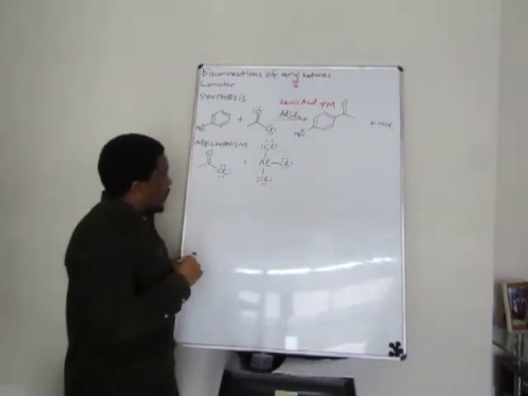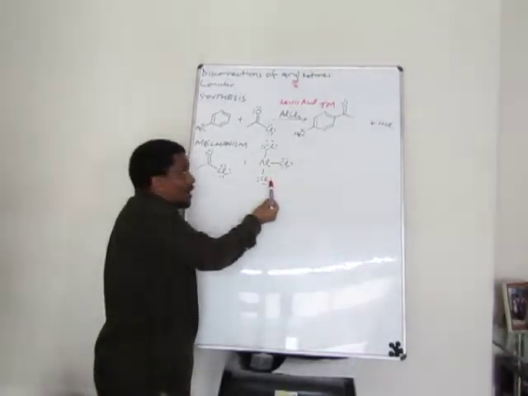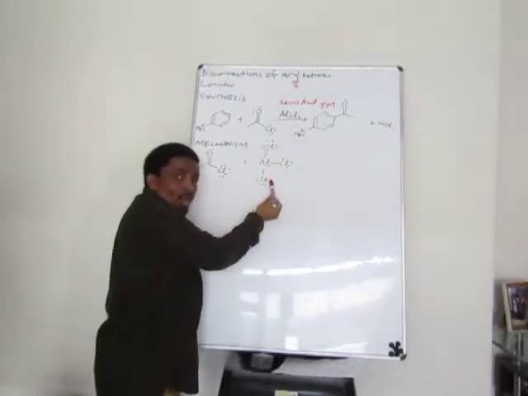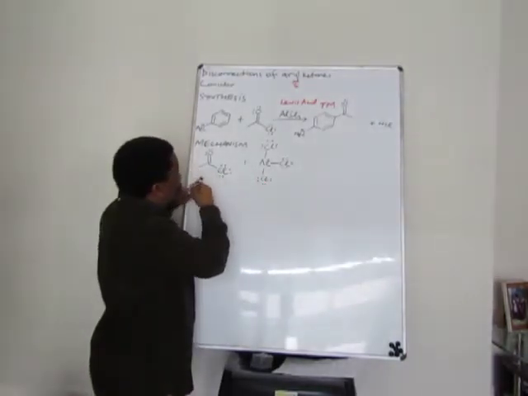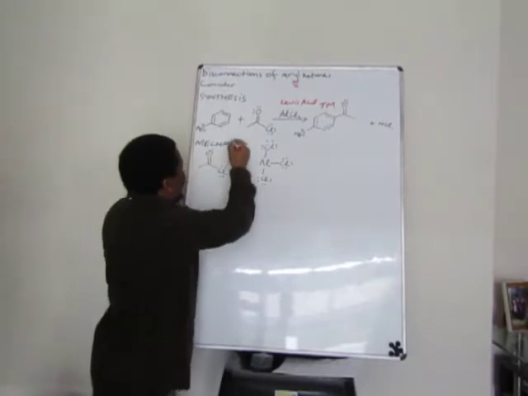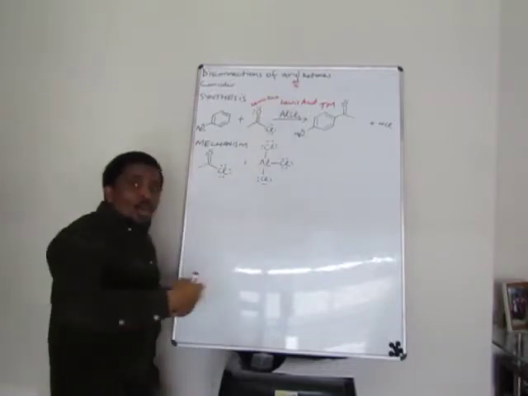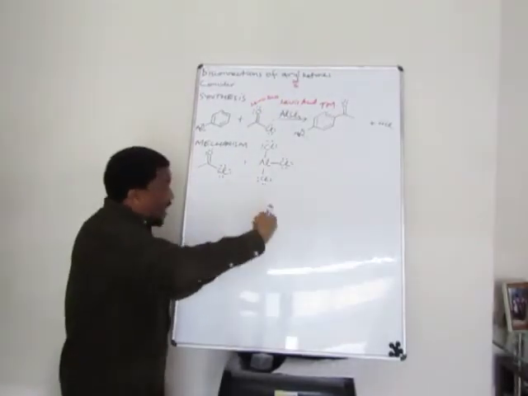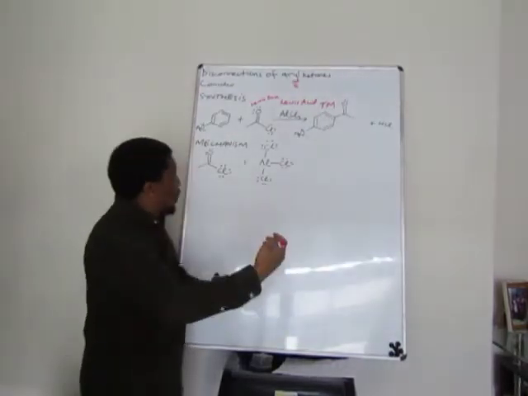Now, remember, like I said, this is our Lewis acid. Our acyl group here is therefore our Lewis base. So we've got a Lewis acid reacting with a Lewis base.